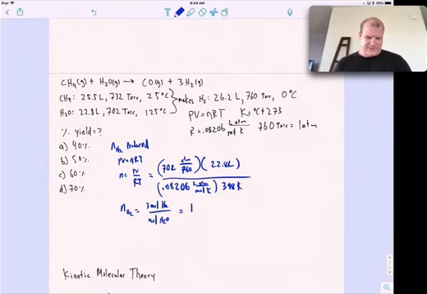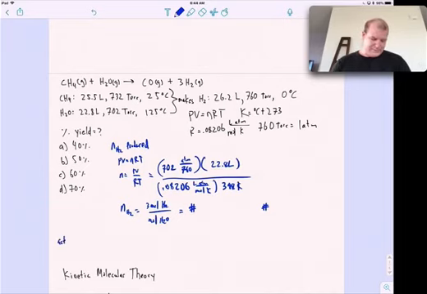Then we take this number, this theoretical yield, the number I just had. Then we have to figure out what the actual moles of hydrogen are.